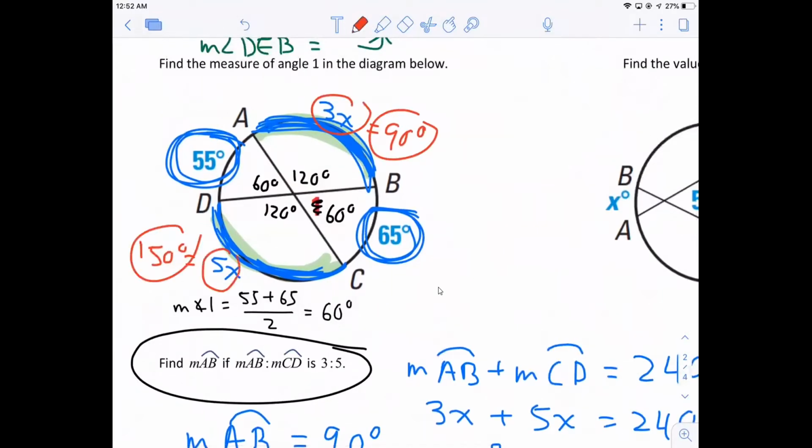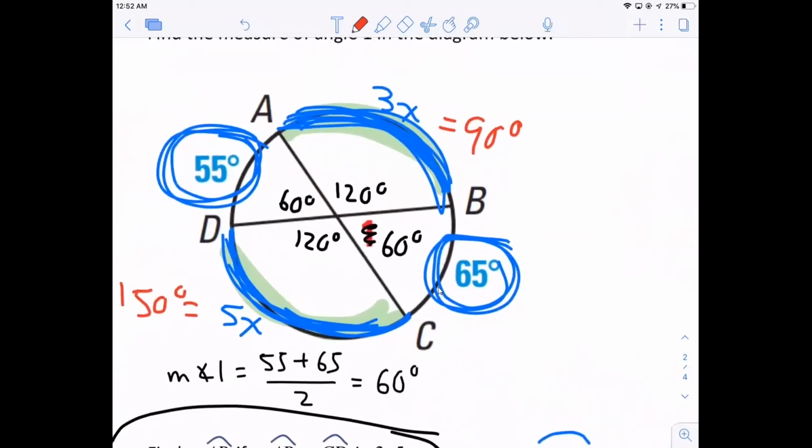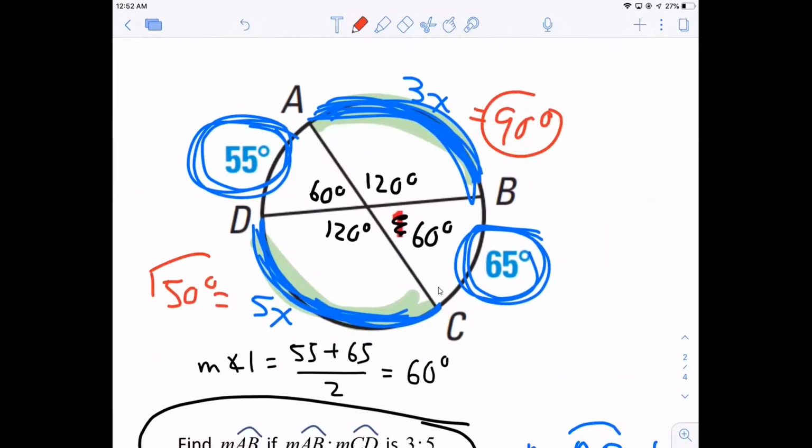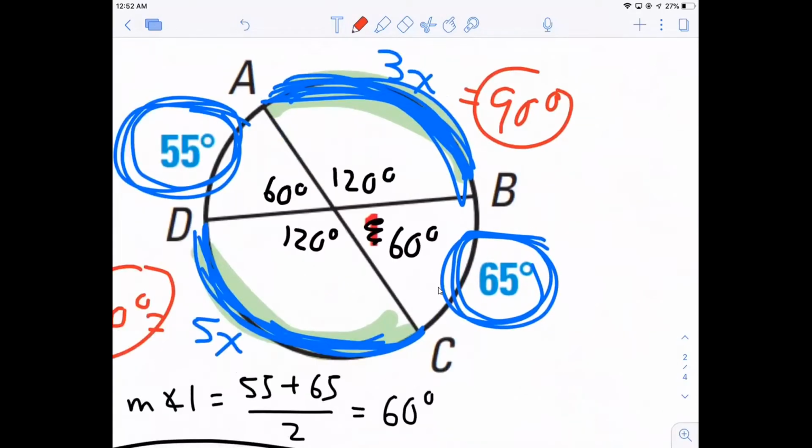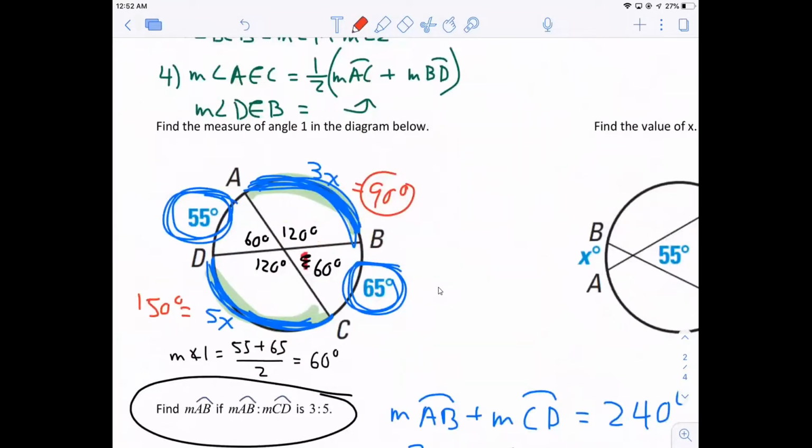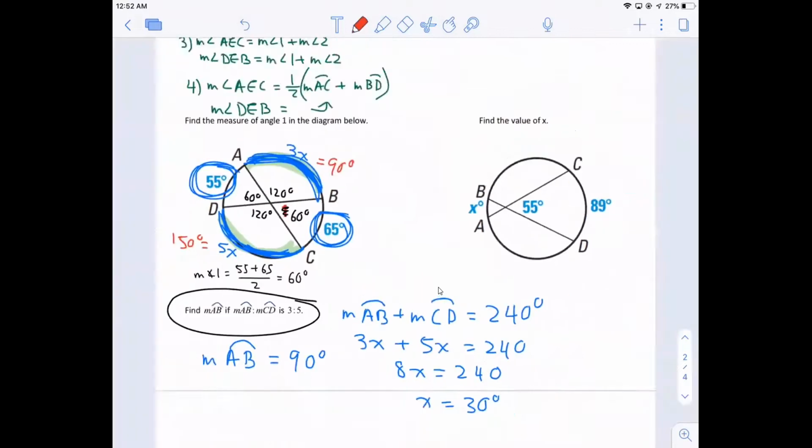Because 3x over 5x was 3:5. So that's how you do those ratio problems. And if you want to check, 90 plus 150 is 240, and half of 240 is 120. So the theorem still holds for that. And that's how you can answer that one.